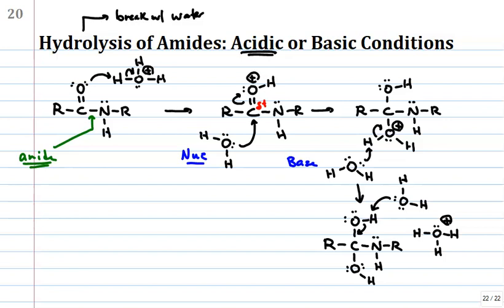Well, the problem is that's not a good leaving group unless it picks up a proton on its way out of town. And it just did that with the hydronium ion. So what we get left over is the carboxylic acid plus, look at this, H2NR here.